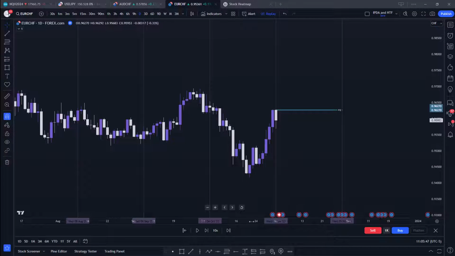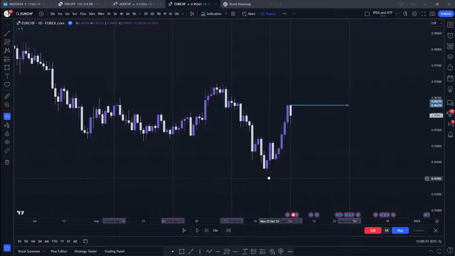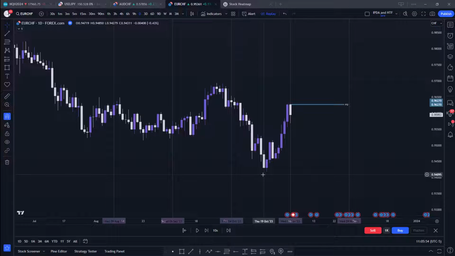The next thing I do from here is I delineate the highest high and the lowest low per session. In this case, each session is the 20 days high, 20 days low, 40 days high, 40 days low, 60 days high, 60 days low.